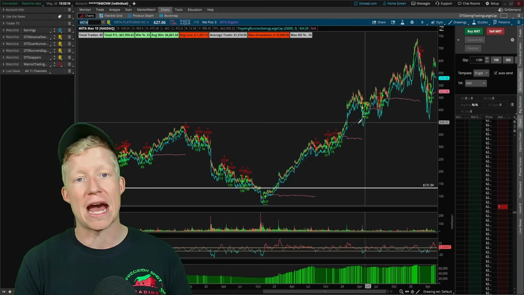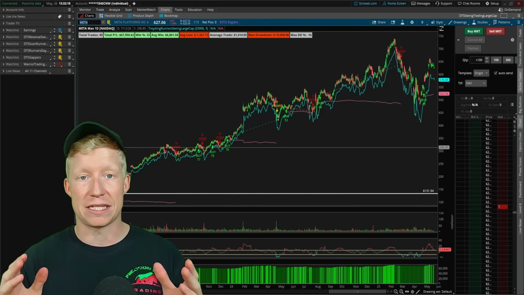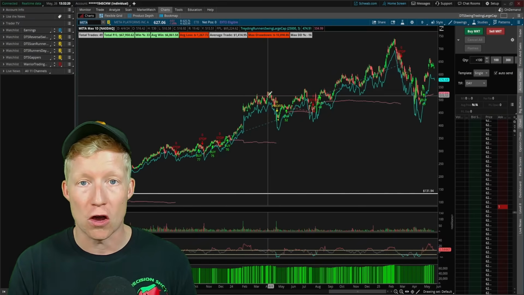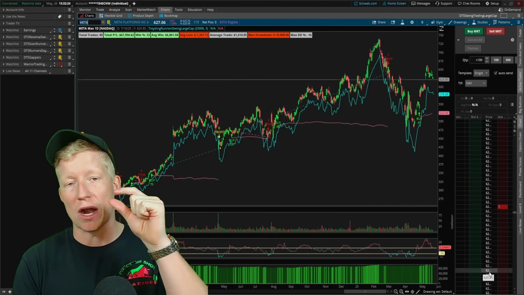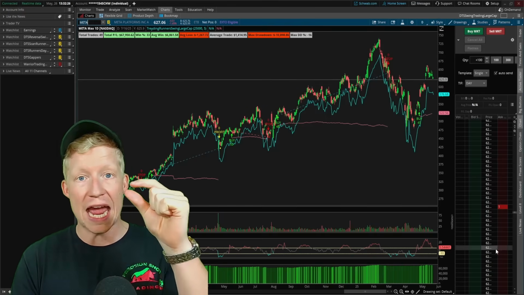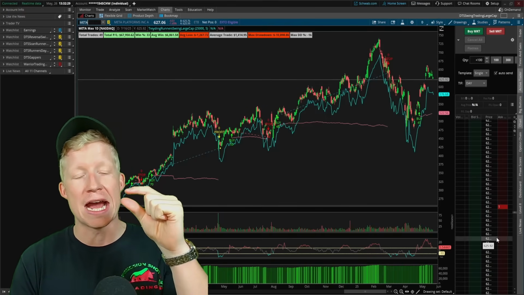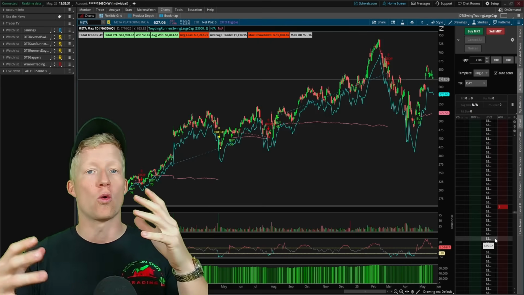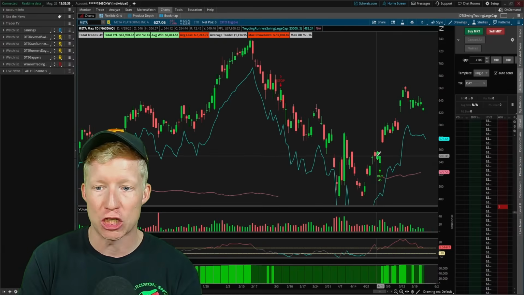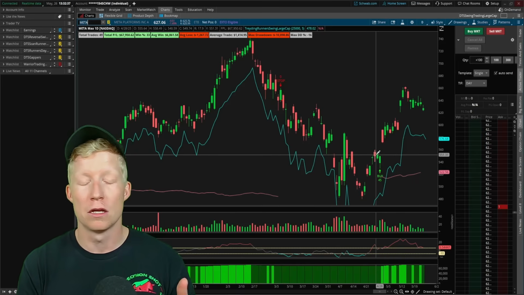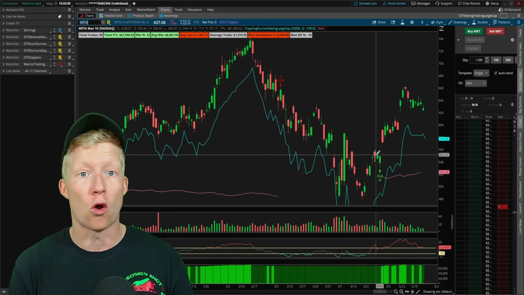These kinds of names have just immense volume, ridiculous volume traded every single day. So the bid to ask spread is always right at 1 penny, and the bid and the asks are always huge numbers. Me buying my 45 shares of Meta is not going to move the ask or the bid on that stock.